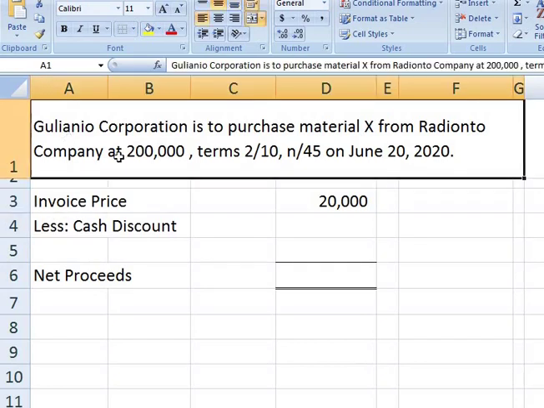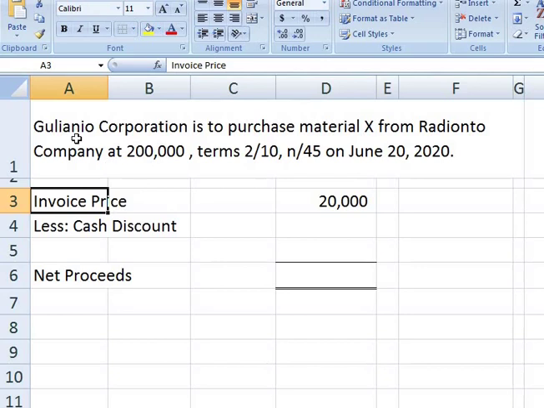So in this particular example here, we have Guliano Corporation, which is to purchase material X from Radionto Company at 200,000. So the terms, we have 2/10, n/45 on June 30, 2020.